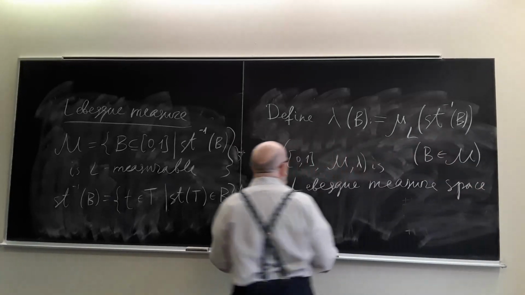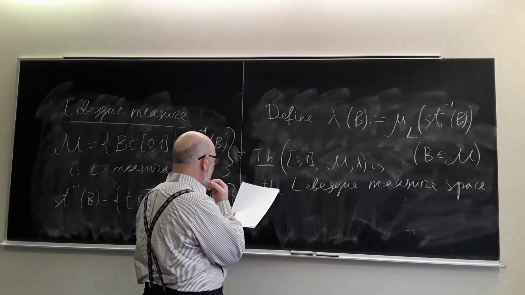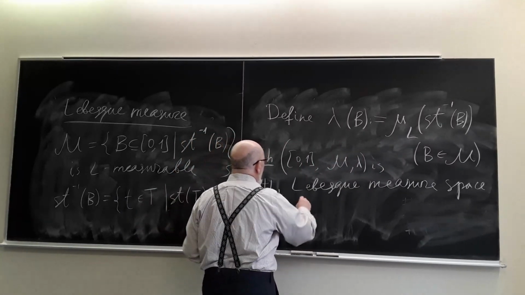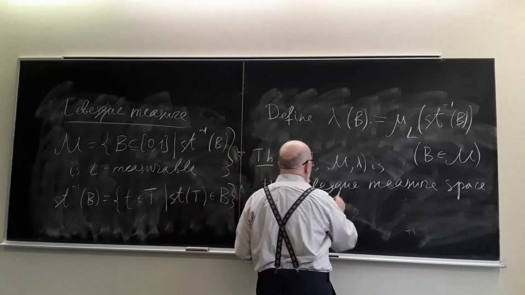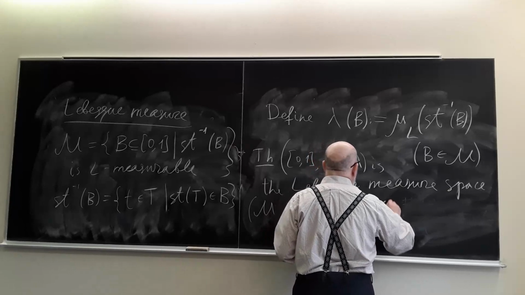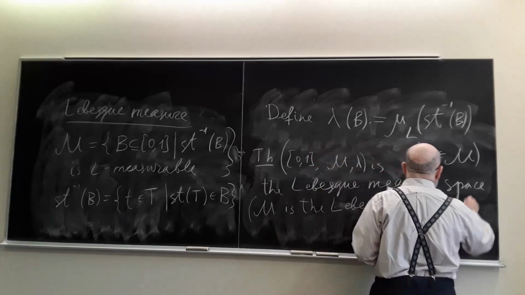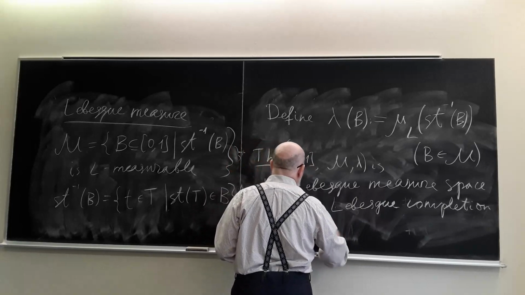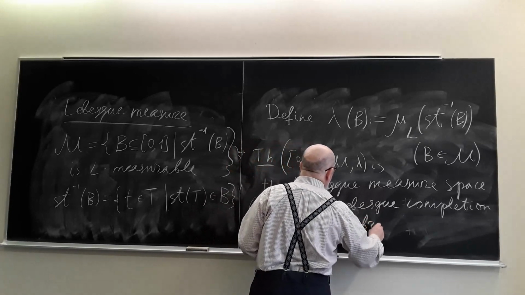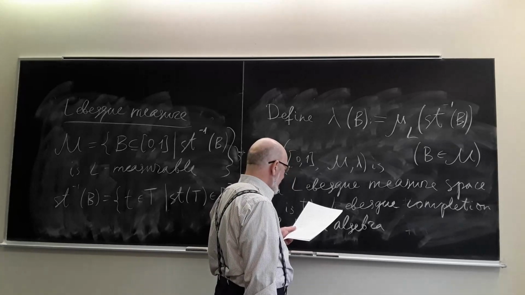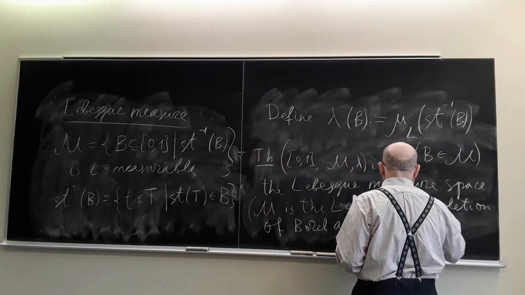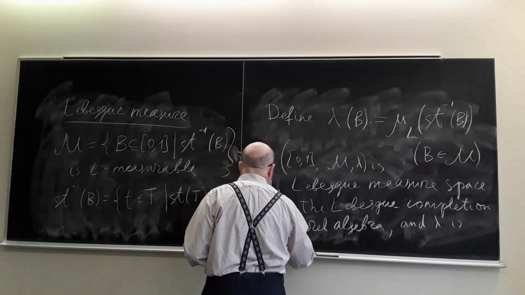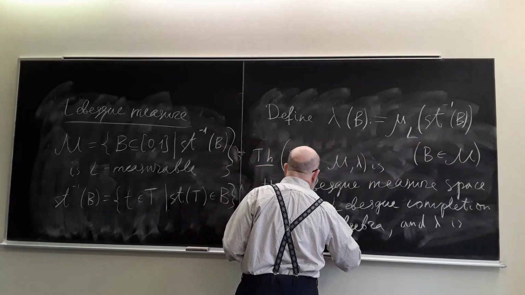This means that M is the Lebesgue completion of the Borel algebra, and lambda is the Lebesgue measure.